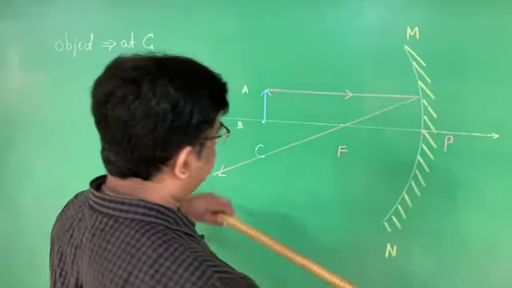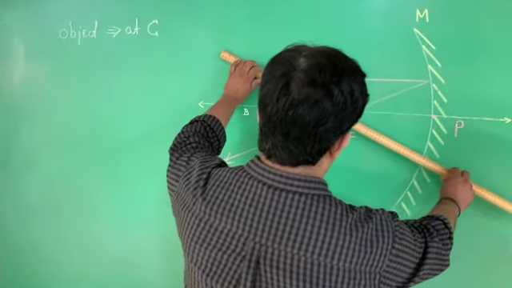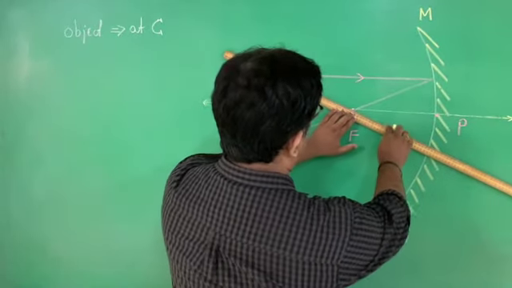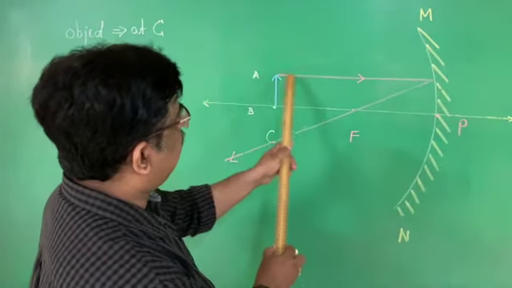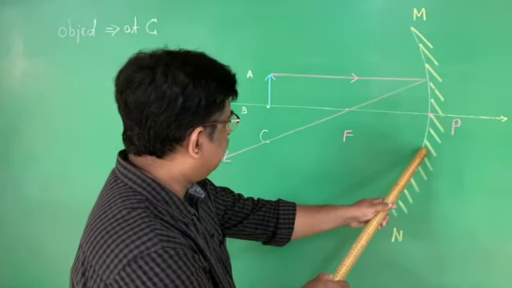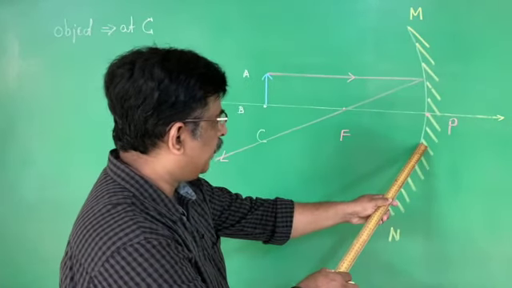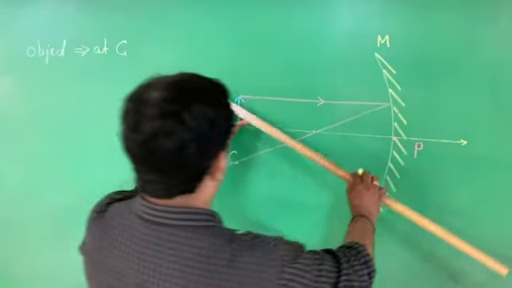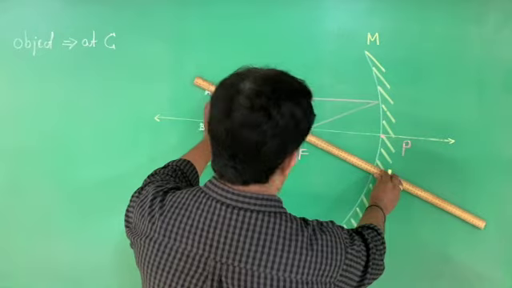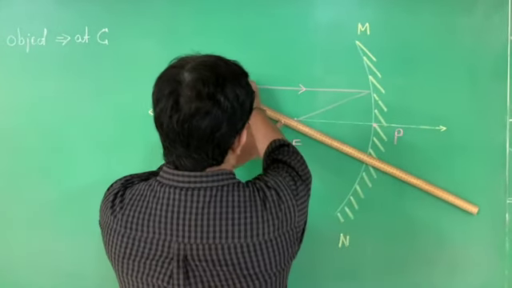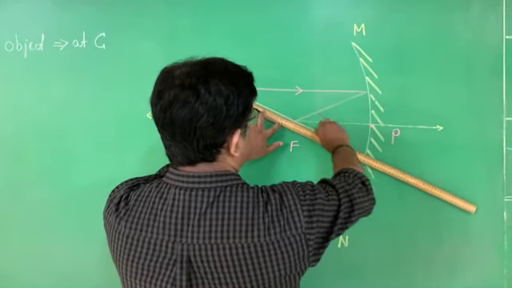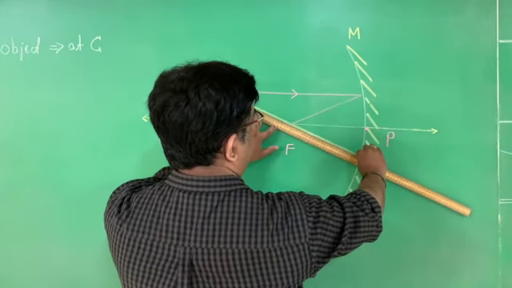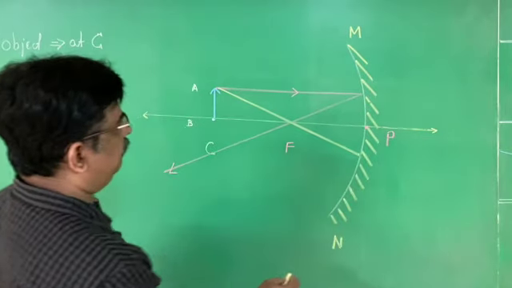The second one. I change the color now to distinguish between the conditions. A ray of light which passes through the principal focus after the reflection emerges parallel to the principal axis. That condition I am using. Now see, this ray is passing through F and incident on the mirror.